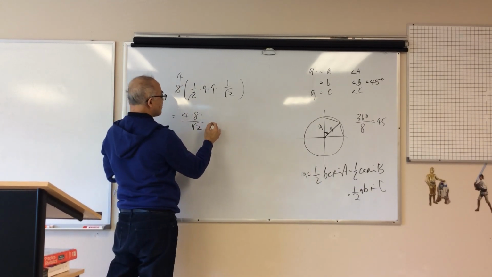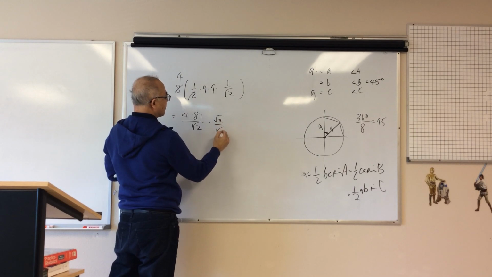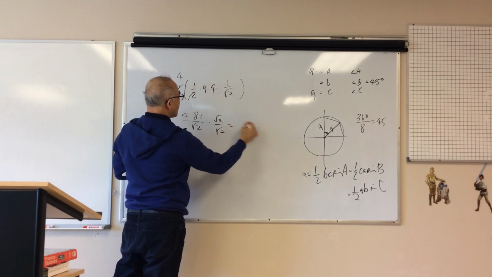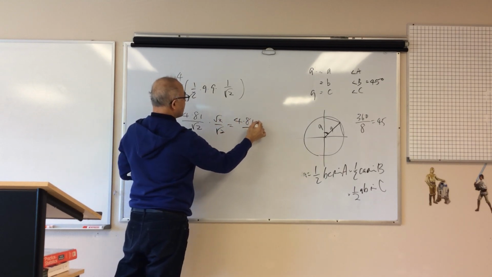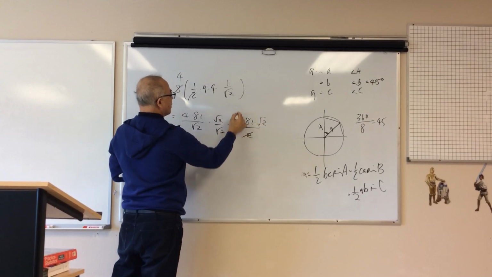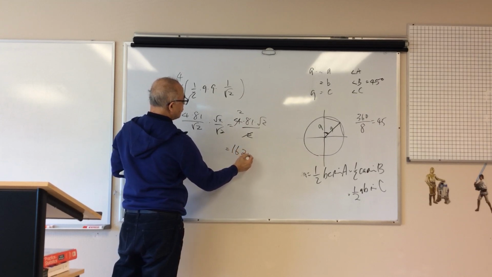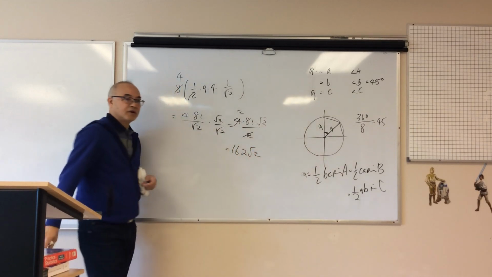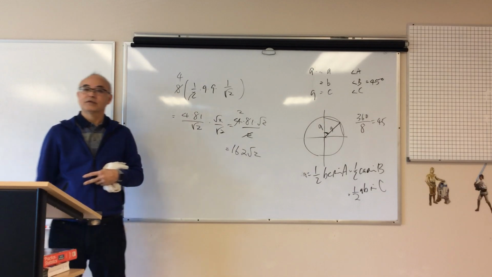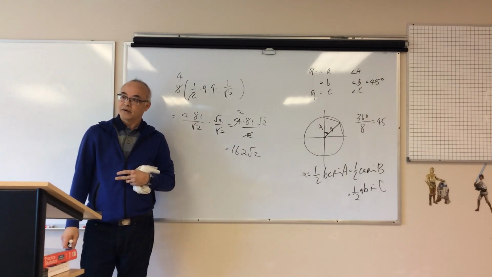Multiply square root of 2 top and bottom. 2 on the bottom, 4 times 81 root 2 over 2, 162 root 2, whatever that may be, that is your answer. Okay. All right, we good?